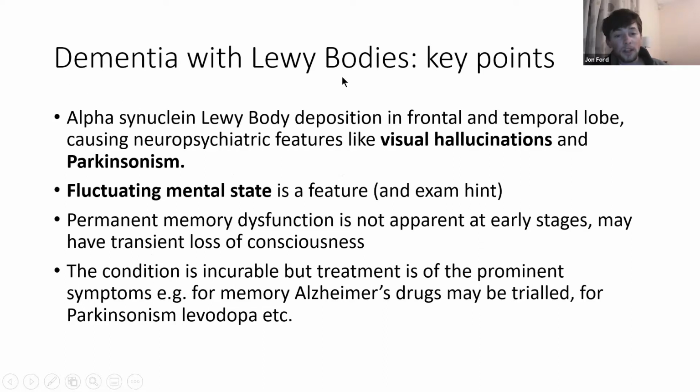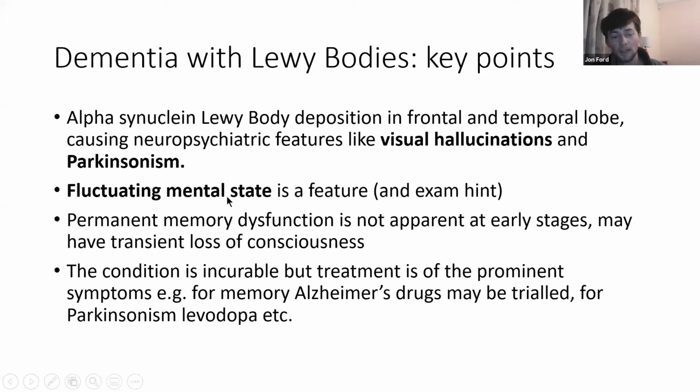So dementia with Lewy bodies, we'll just touch on. It's alpha-synuclein Lewy body deposition in the frontal and temporal lobes, and it's that neuroanatomical location that causes the symptoms they get. Neuropsychiatric features are the key bit, like visual hallucinations and Parkinsonism, as we mentioned right at the start.